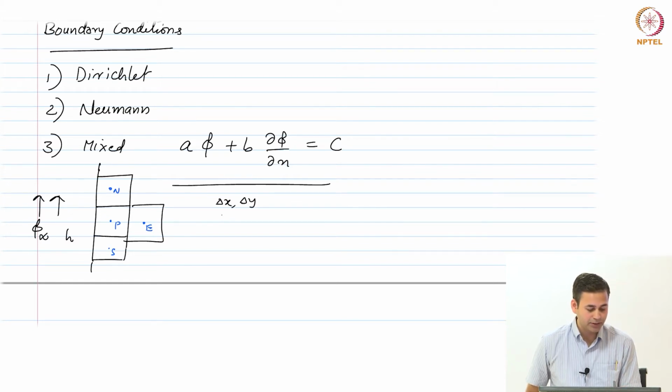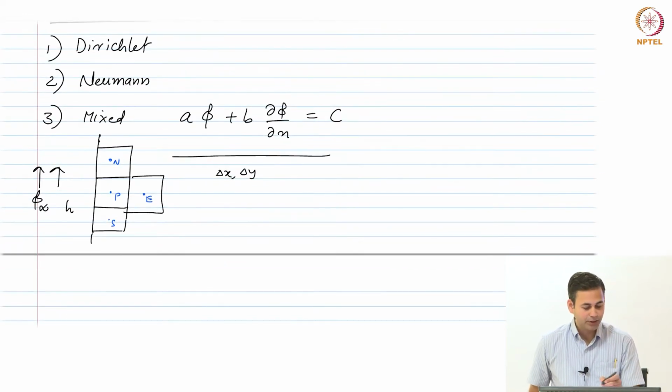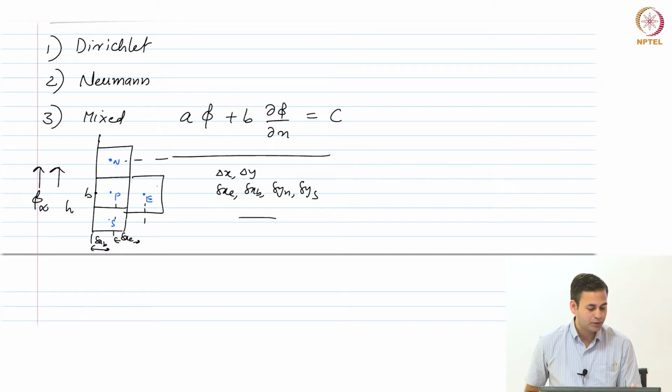We also have these distances: delta x E between the P cell and the east cell, and delta x B between the boundary and the P cell. So we have delta x E, delta x B, delta y north and delta y south, denoted as before.